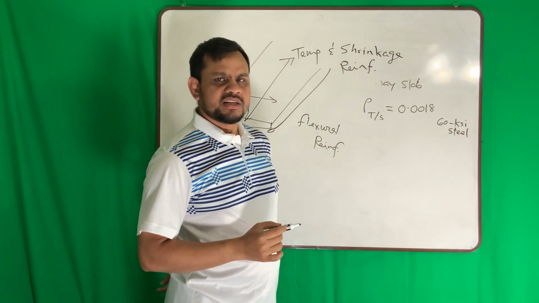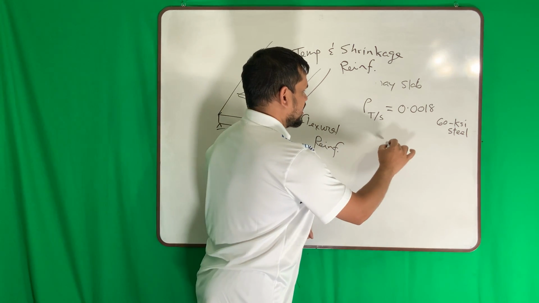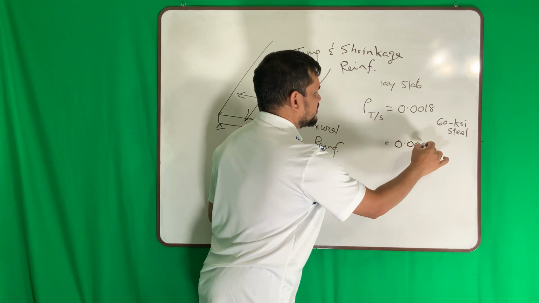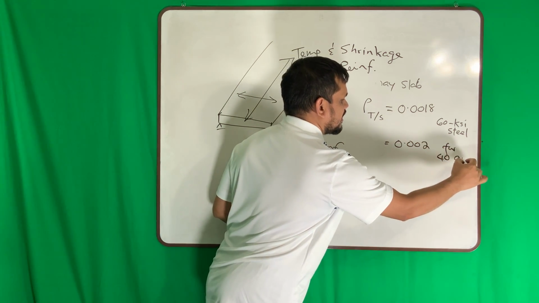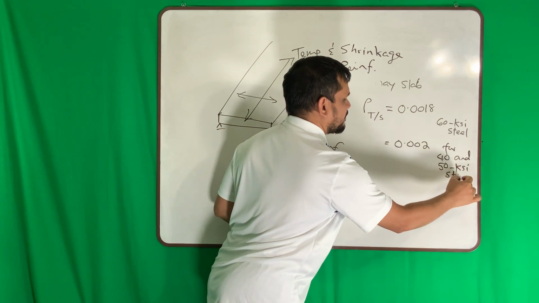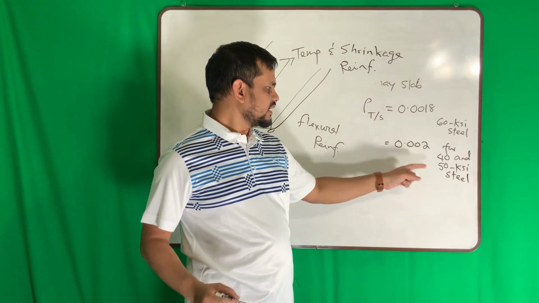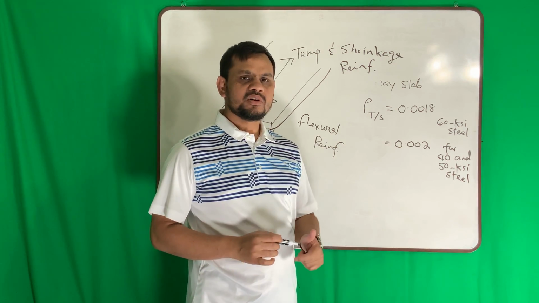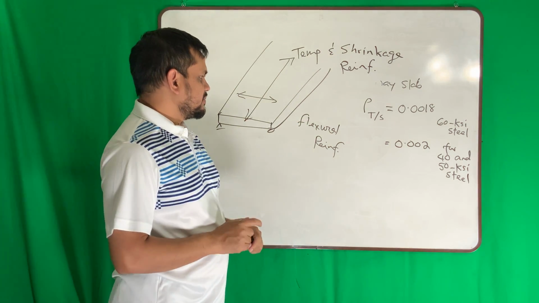The temperature shrinkage reinforcement ratio is 0.0018 for 60 ksi. It is 0.002 for 40 and 50 ksi steel. If your reinforcement is 40 or 50 ksi, then it is 0.002. Okay, so that is the temperature reinforcement.